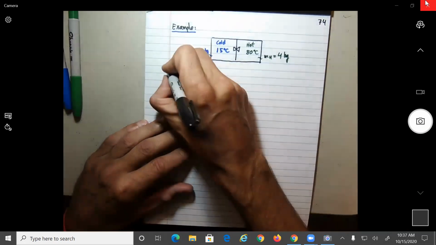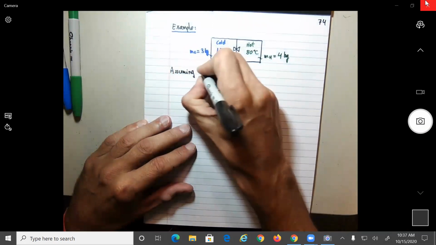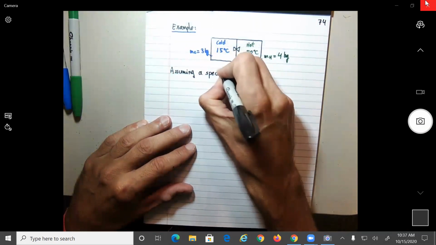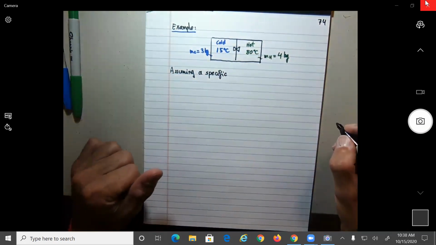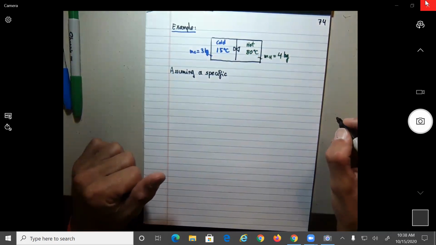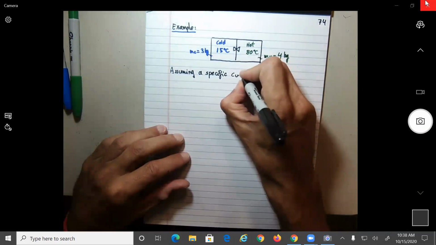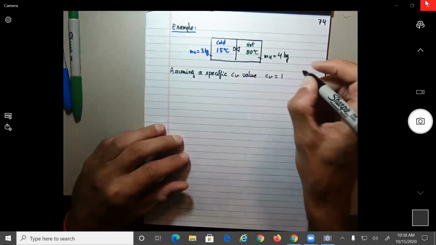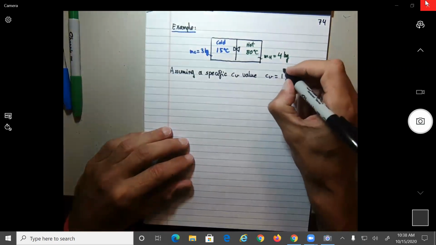So let's say, and I'm going to make the data easy, assuming a specific heat Cv value. Let's say Cv will be equal to 1, just to make it easy. So this is a specific heat.